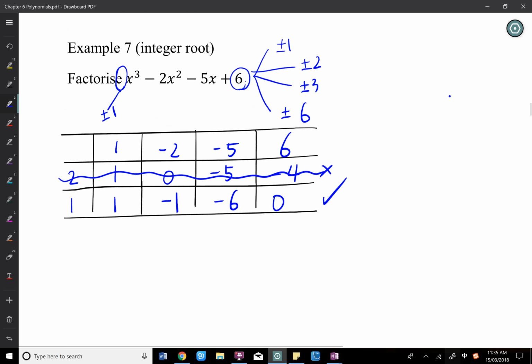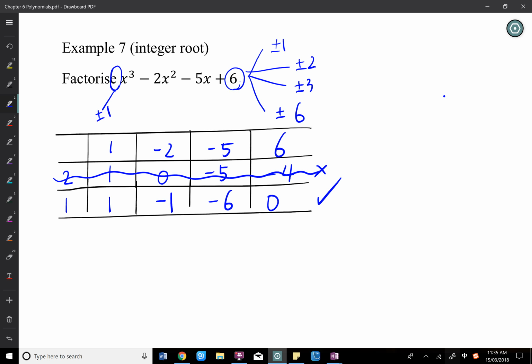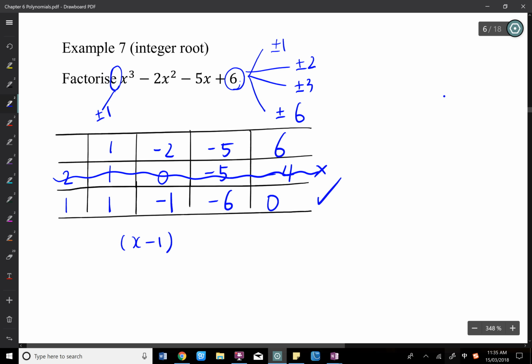Why don't I want you to try P(1), P(2), P(3)? Because when you substitute and get 0, you then need to either go back to this method or use long division. This table directly shows you whether it works or not, and also what the rest of the quadratic looks like, so you do two things at one time. So x minus 1 is a factor because 1 is the right number.